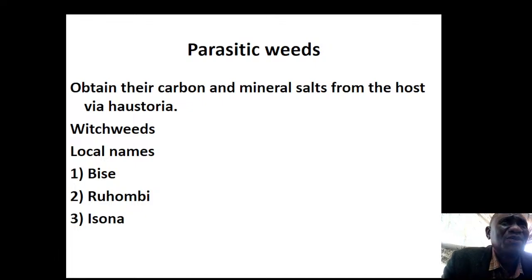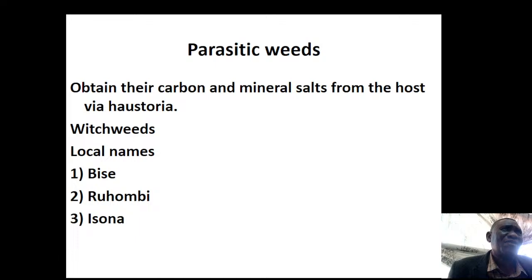So parasitic weeds obtain their carbon and mineral salts from the host via haustoria, which is a certain structure which allows the passage of carbon and mineral salts from the host going to the parasite.